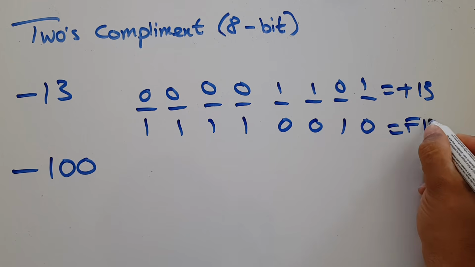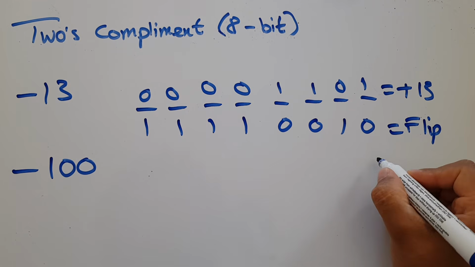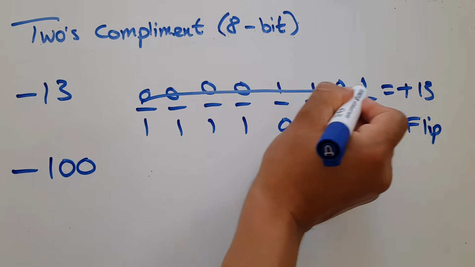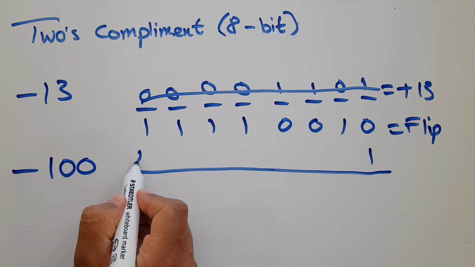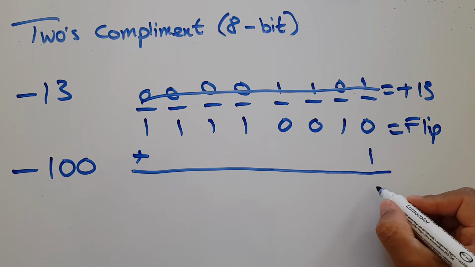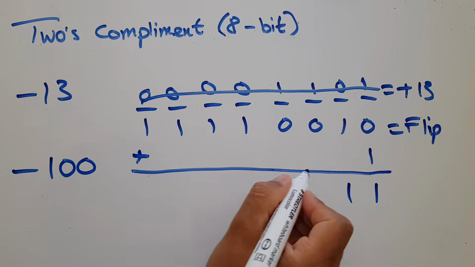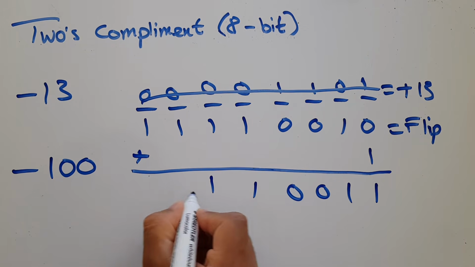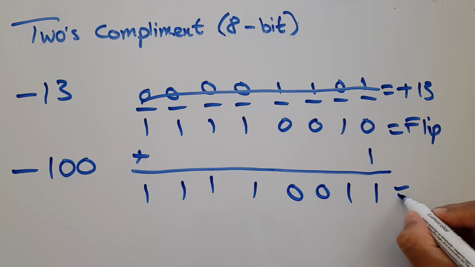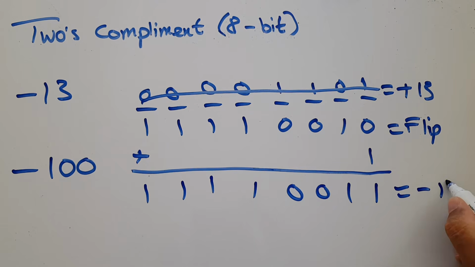That's the flip. And binary addition of 1. Don't need that anymore. Let's see. So 1 and 0, that's the 1. That drops down, they all drop down. And that should be minus 13.